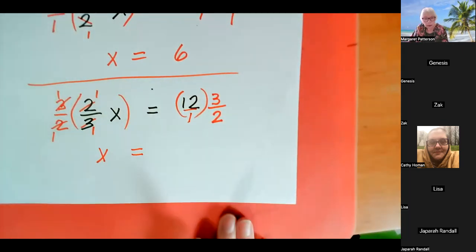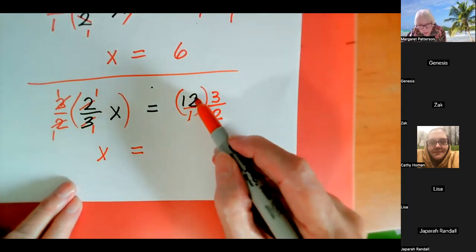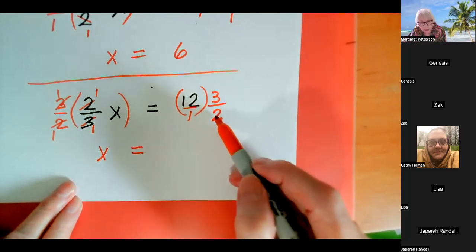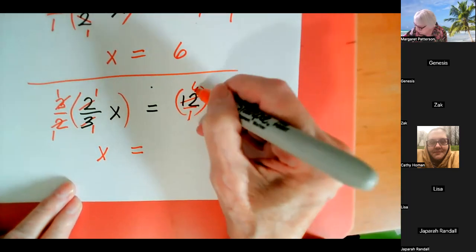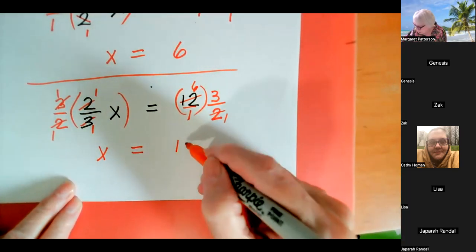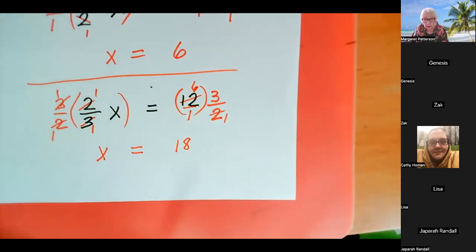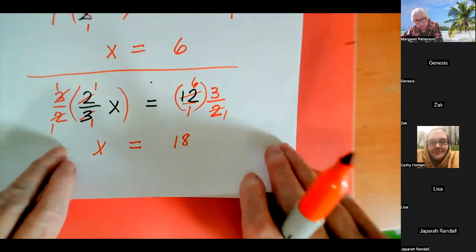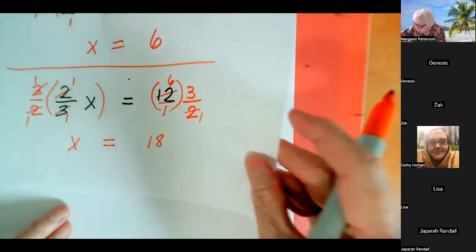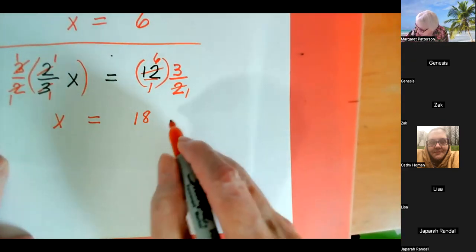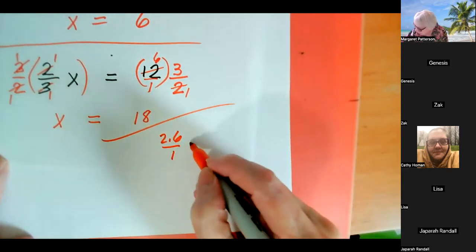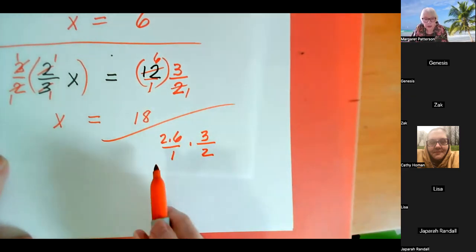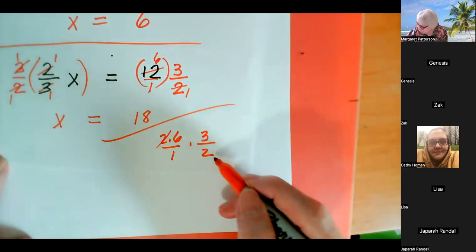And the answer appears over here. I'm going to put the 12/1, and I'm going to reduce the 12 and the 2. Some of you cancel. 6 times 3 is 18, and that would be your answer, 18/1. Otherwise, you would say 12 is 2 times 6, and you would break down the 12 and then you would hit out the 2's.